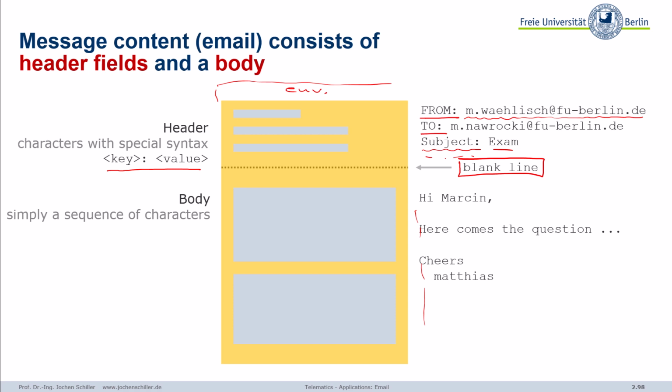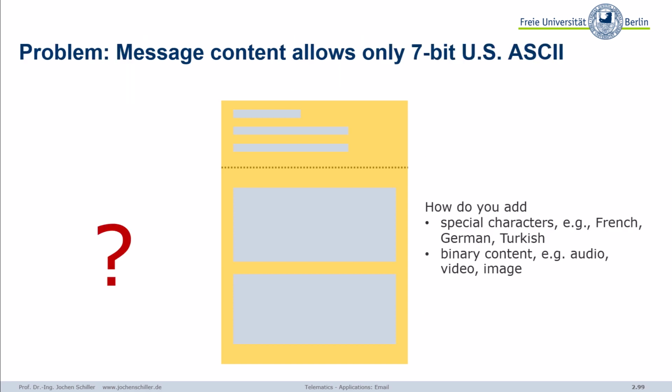But people were happy for years with exactly this setting. But as the internet grew and many more uses showed up, we had a problem. The problem, again, remember DNS, the content allows only US ASCII. And then there are crazy people like the Germans having fancy characters like Ä and Ü, and even this, whatever this is, it's not a beta.